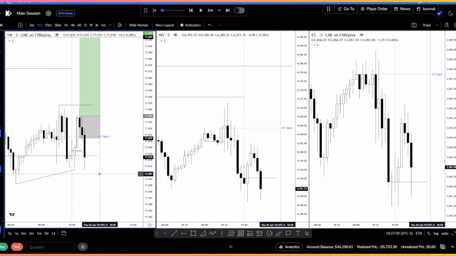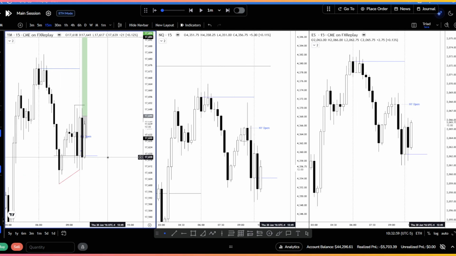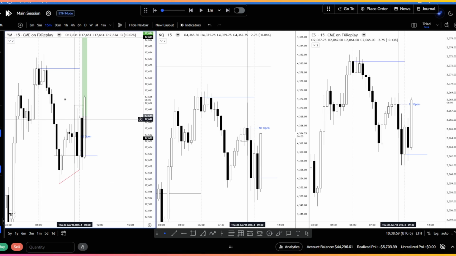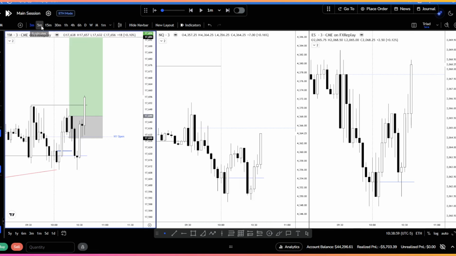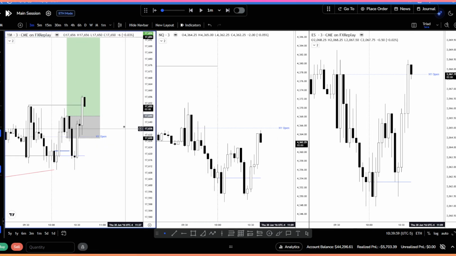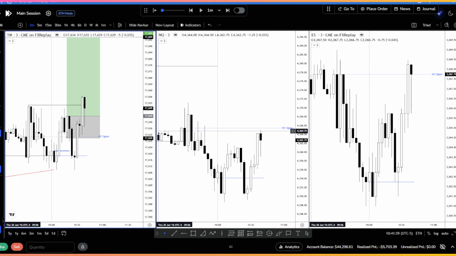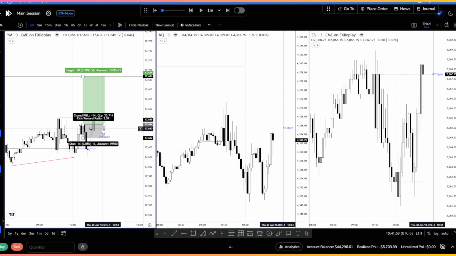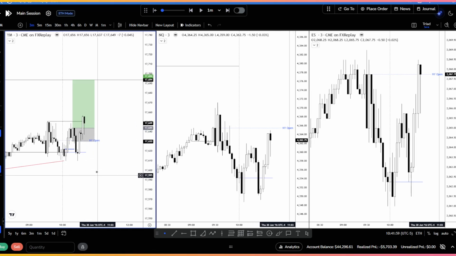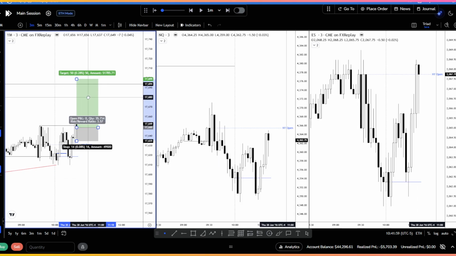Okay, everything gets taken out. Just rips and comes down. What's up with this deep retracement? So deep retracements, bro. It shouldn't be like this, honestly.